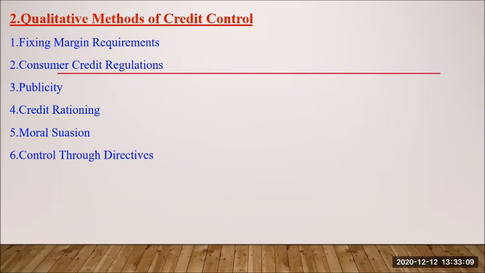Sixth one, control through directives. Under this method, the central bank issues directives to the commercial banks. These directives guide the commercial banks in framing their lending policy. So directives will be sent by the RBI to the commercial banks, and whatever directive is received, the commercial bank will follow it as a guideline while making its lending policy.